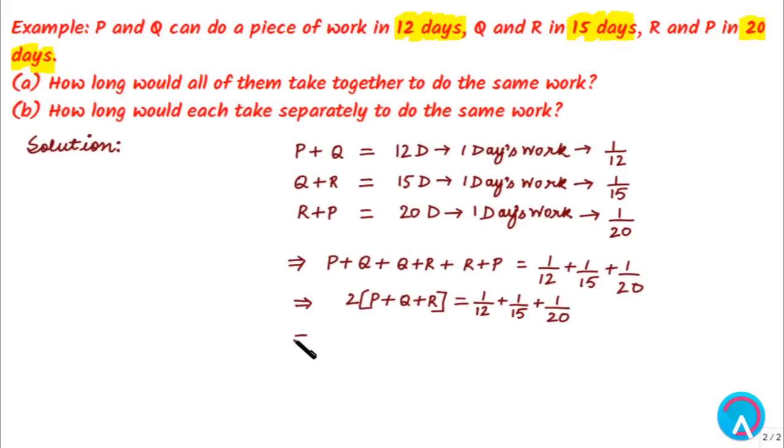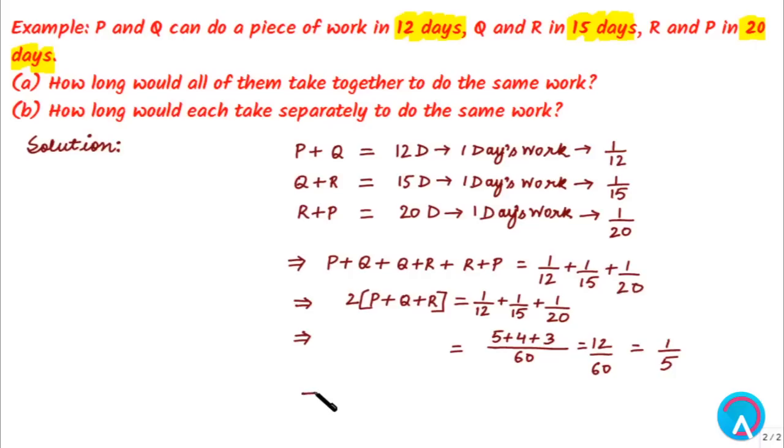So this implies twice of P plus Q plus R will be equal to, here we can take the LCM as 60. So this will be 5 plus 4 plus 3, that is equal to 12 by 60, that is equal to 1 by 5.